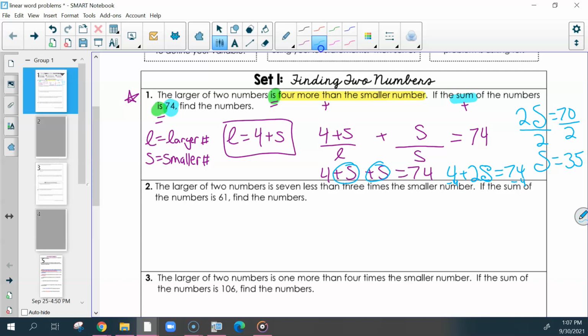Right? So if S equals 35, then I can put S back in here to find L. So I can say my large number is 39, my small number is 35.